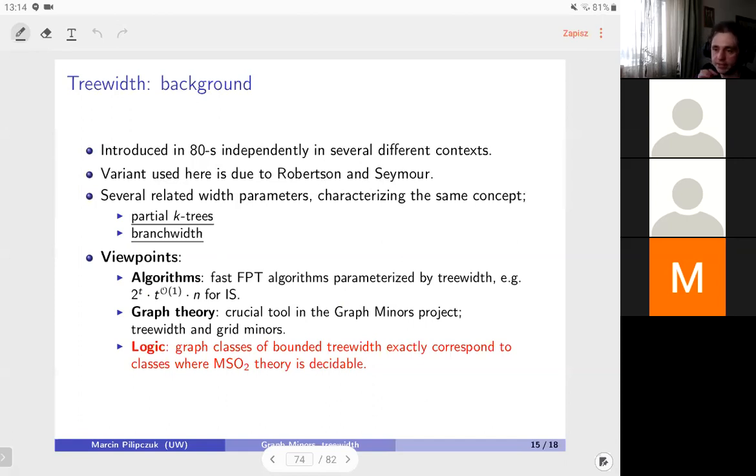It's the correct logic formulation of the class of problems you can solve using dynamic programming on graphs of bounded treewidth, which is again something we don't want to discuss here. But this is the reason why the logic people, starting from the 80s, were interested in graphs of bounded treewidth, and why they defined their own way of defining it at some moment.